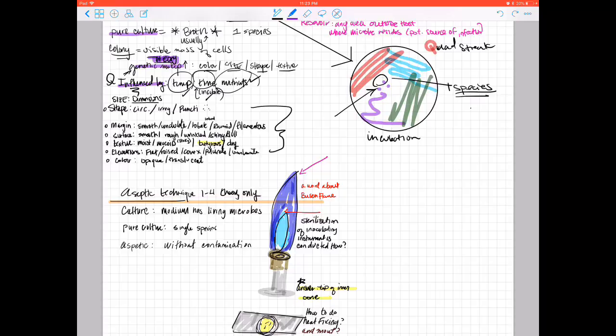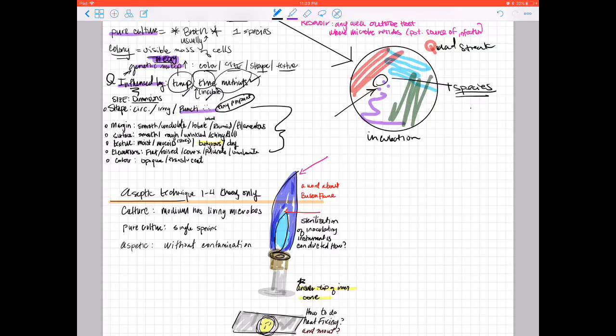So if I were to hazard a guess, she would probably ask us to define something that's punctiform. Basically, something that's punctiform is tiny and pinpoint. So that's just a guess.